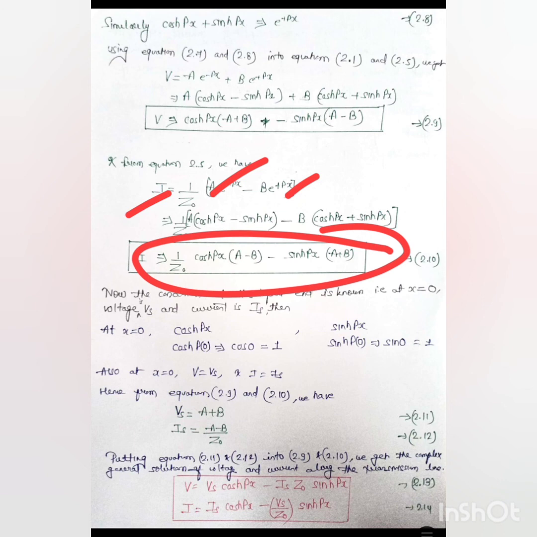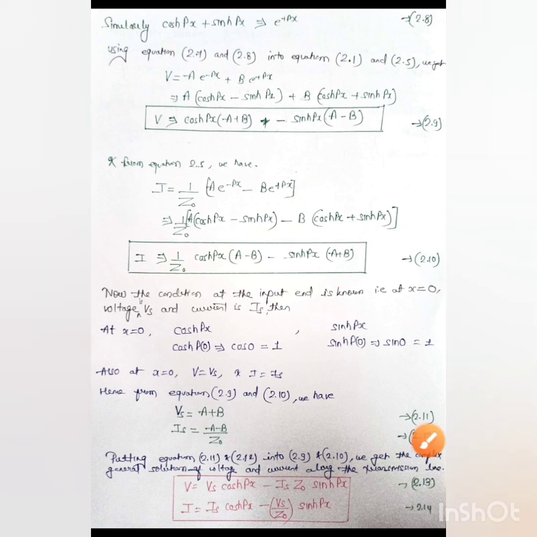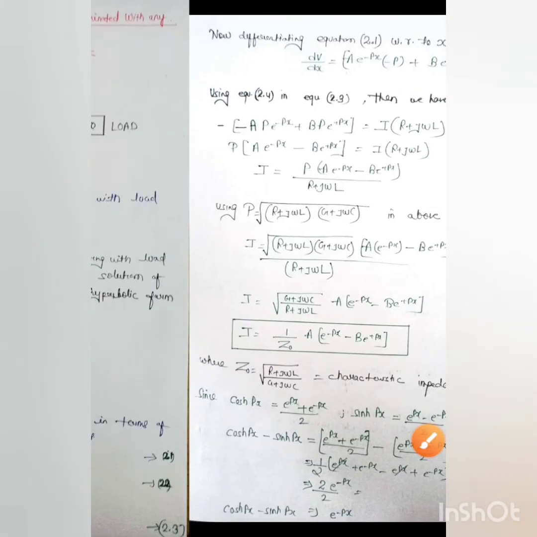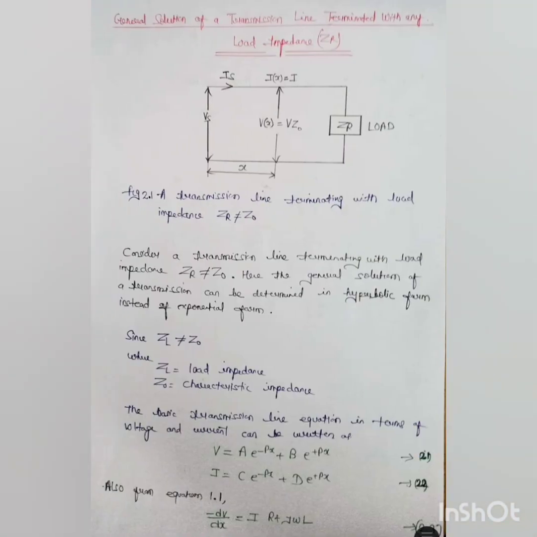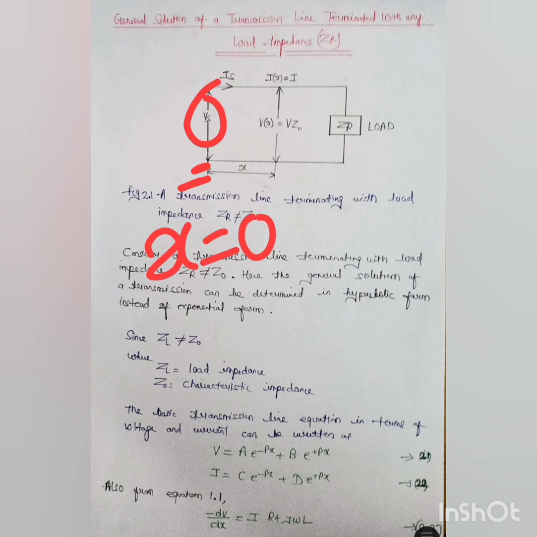Now we should take some conditions in order to find the general solution. From the figure, the x value here is x equals 0, and obviously this is the sending end. Here the voltage is Vs and the current is Is.